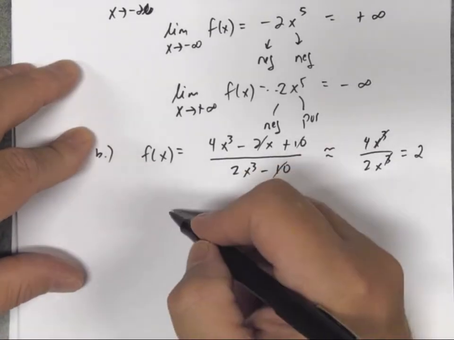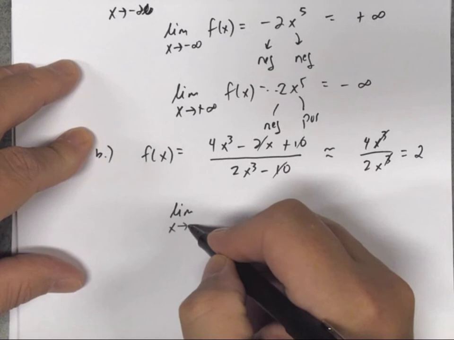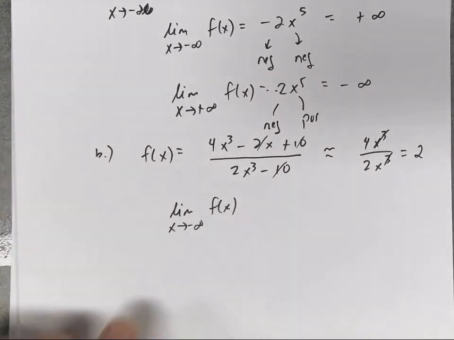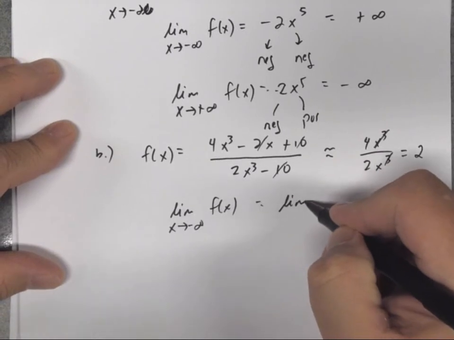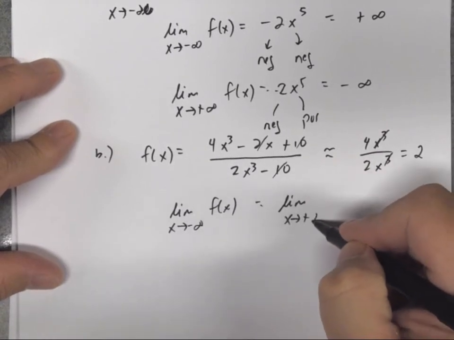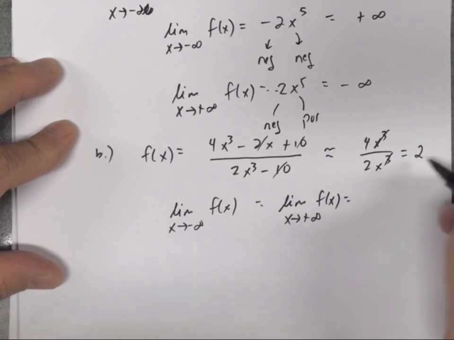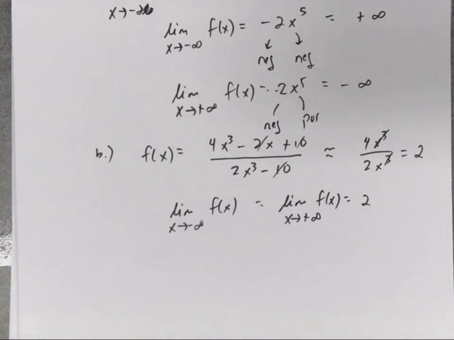So what's interesting is, in this case, it doesn't really matter what limit you're approaching. If x is approaching negative infinity, or if x is approaching positive infinity, it doesn't really matter, because this function doesn't change. It's always 2.